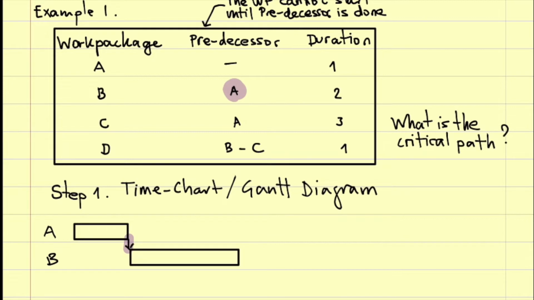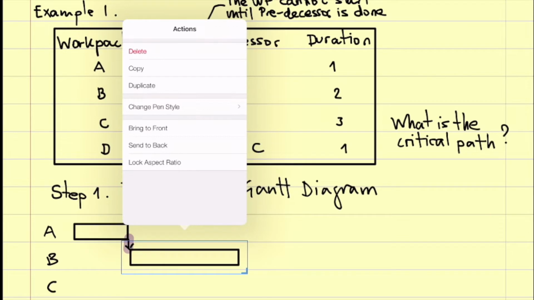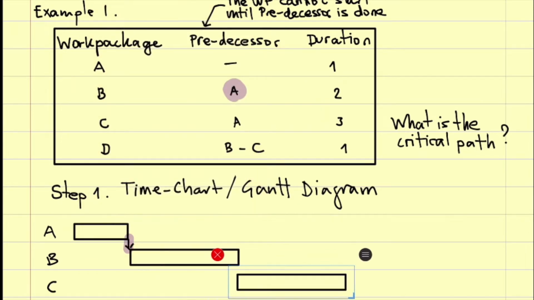Then we get to C. And then we make it a little bit longer because it's 3 time units.